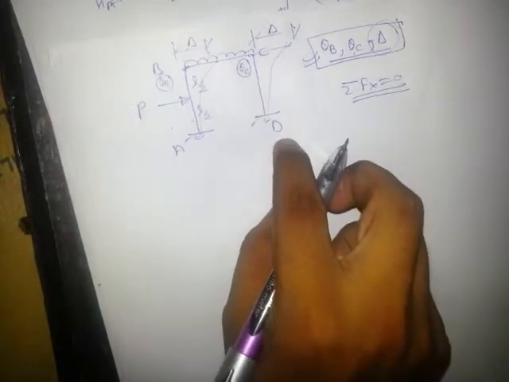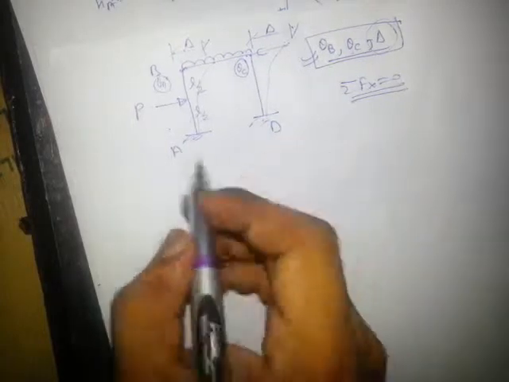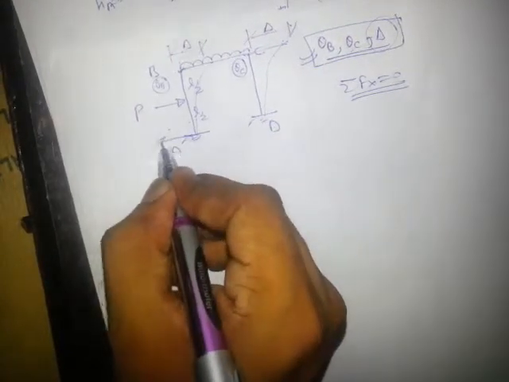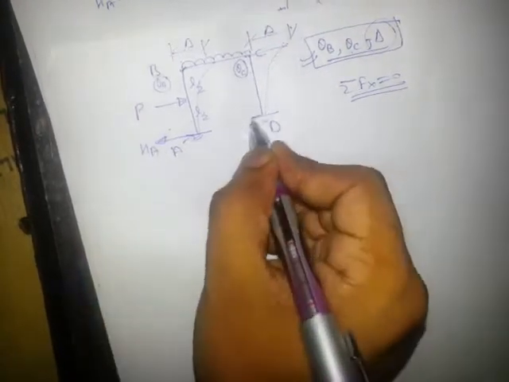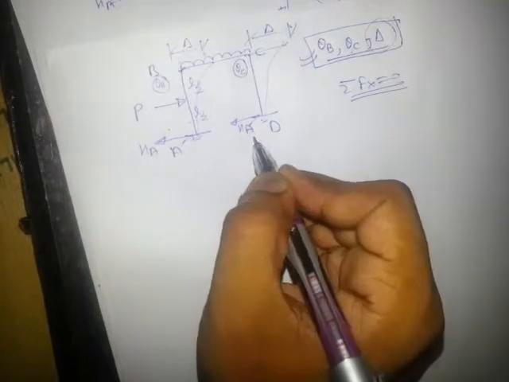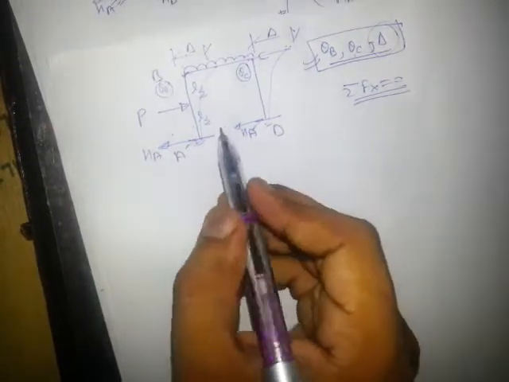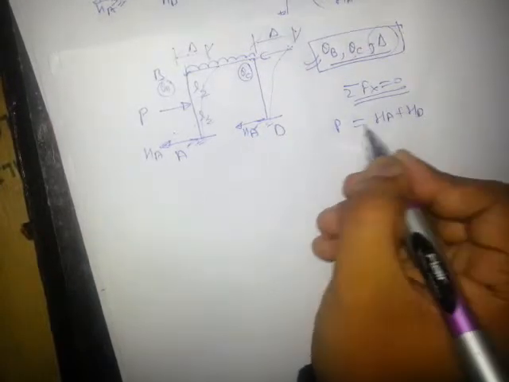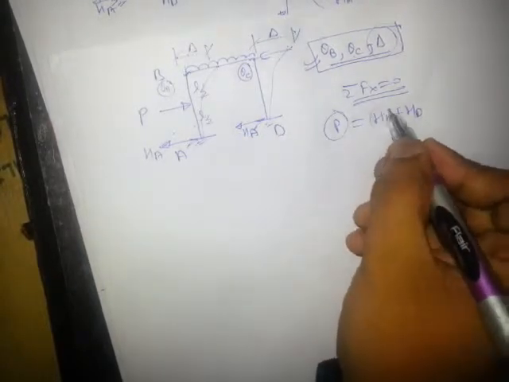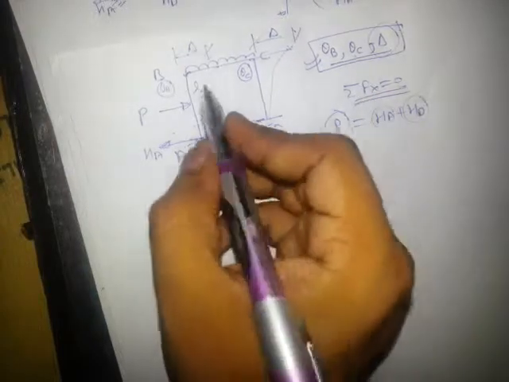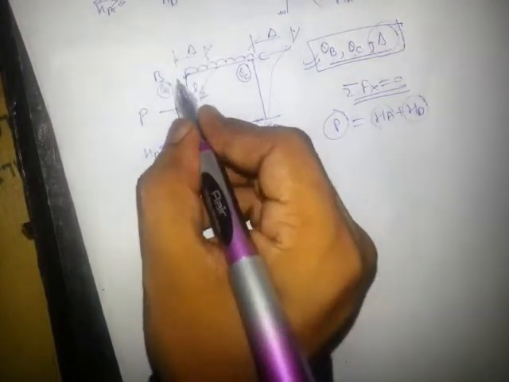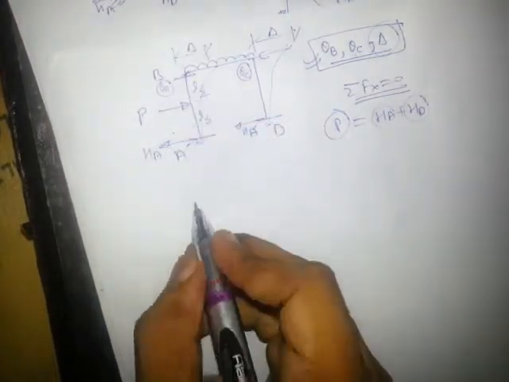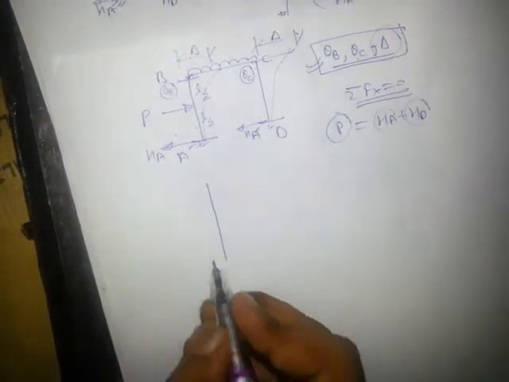In this case, what will be the sway equation? Let us suppose this is HA and this is HD, right? So the shear equation will be P equal to HA plus HD. P is known, HA is not known, HD is not known, but HA and HD cannot be known directly. For example, I cut it here and write its equilibrium.